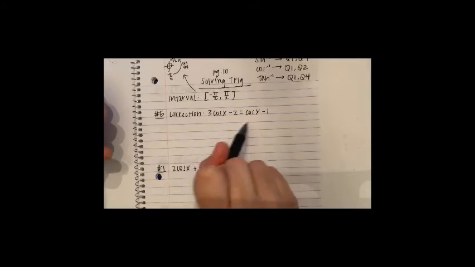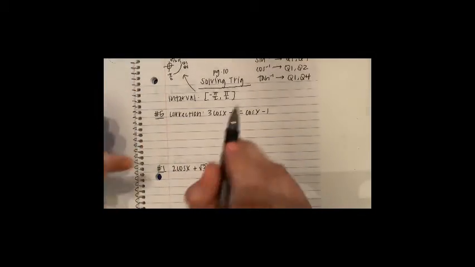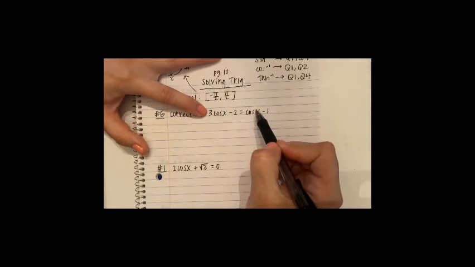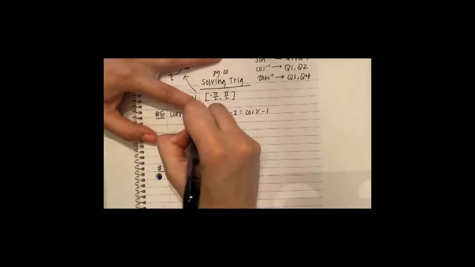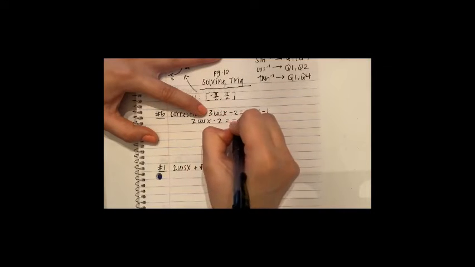So if we're going to solve for x, I need to get all the x's on one side and all the numbers on another. So if I have 3 cosines, let's subtract a cosine to get 2 cosine, right? 3 minus 1 is 2. I'll leave everything else. Still trying to get x by itself, so let's add the 2.